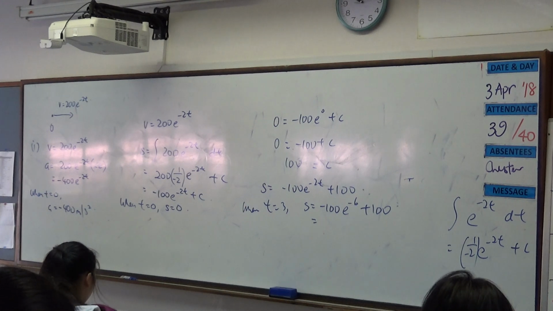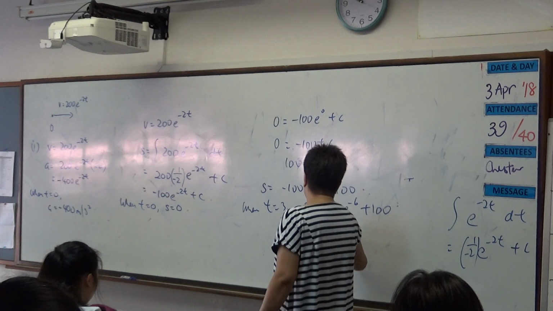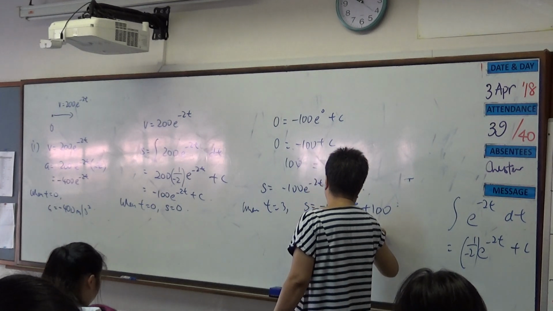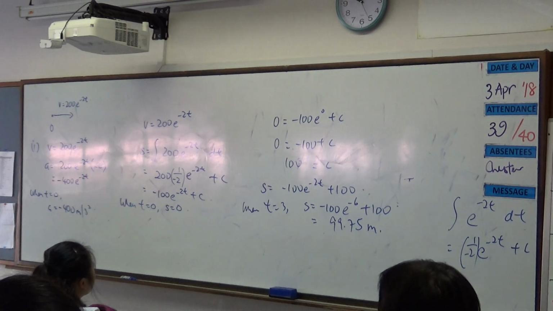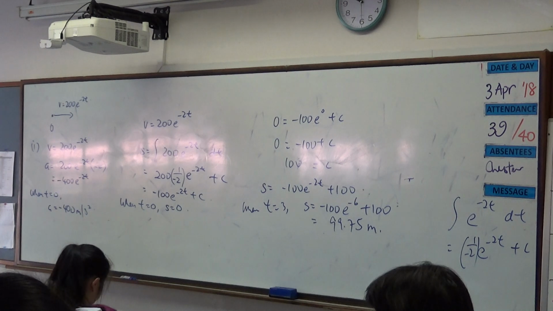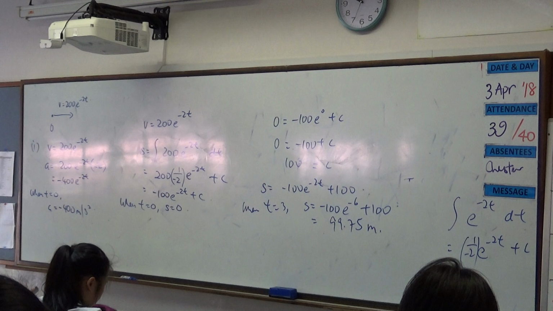What? 2 decimal places. So 99.75 meters. The question said give me the 2 decimal places, so you mark 99.75. Is that clear? Yes or no?